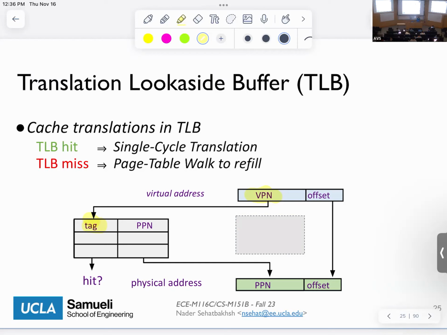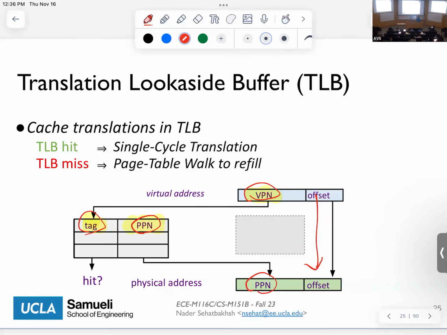So we store the virtual page number as the tag, and we store the physical page number as the content, as the data. When the virtual address comes, we compare this VPN with this tag. If it's a match, then we have our PPN, and then of course the offset just gets put right into the address.